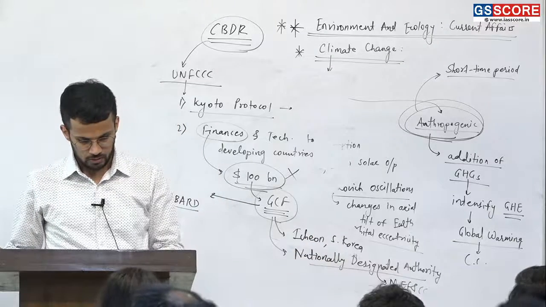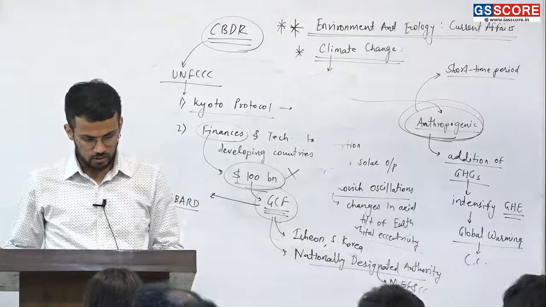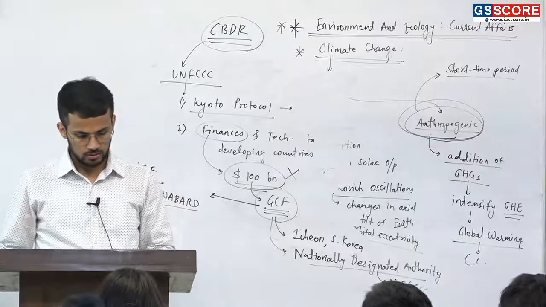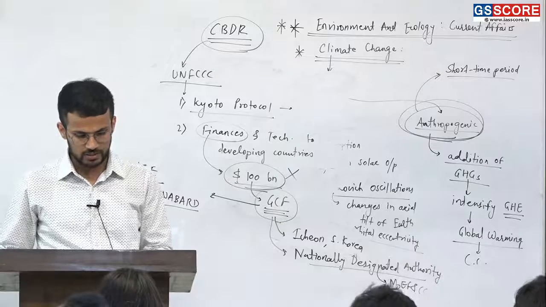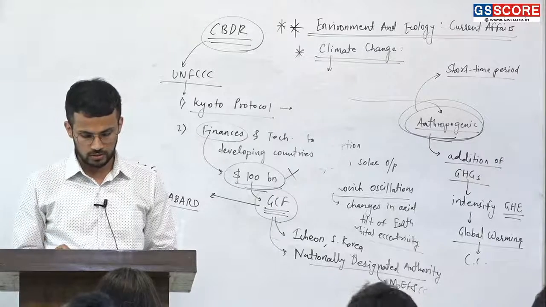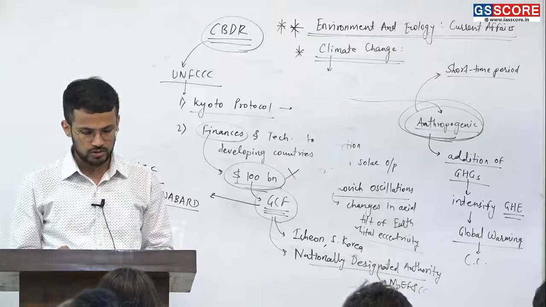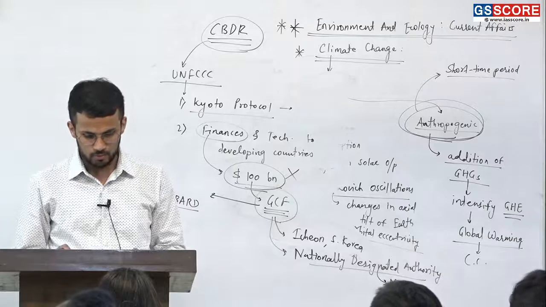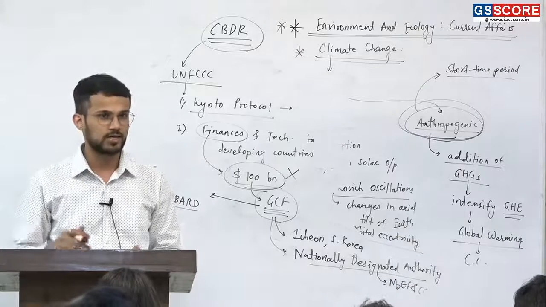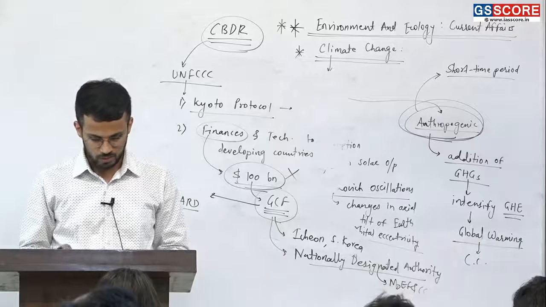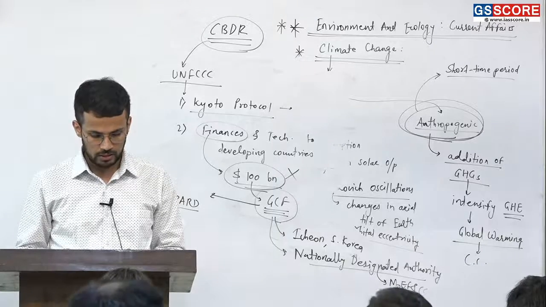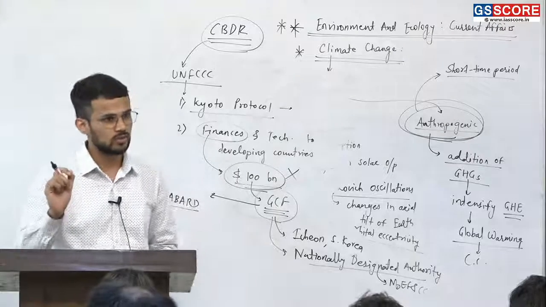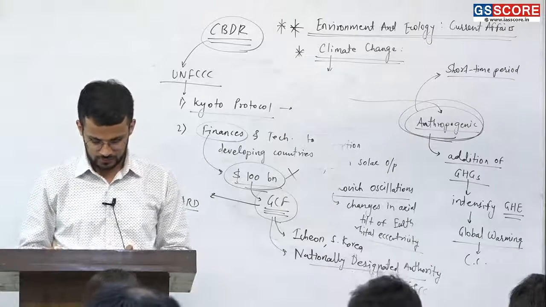Next is the Dvorak technique. It is a technique for weather forecasting, developed in 1969 by the scientist Vernon Dvorak, who passed away, and that's why this technique came into news. Not very important. Only remember that Dvorak is a technique for weather forecasting.